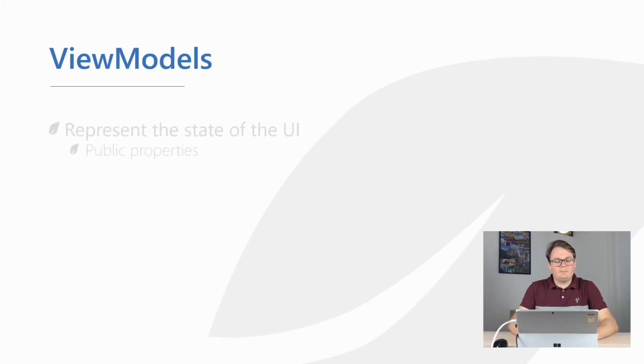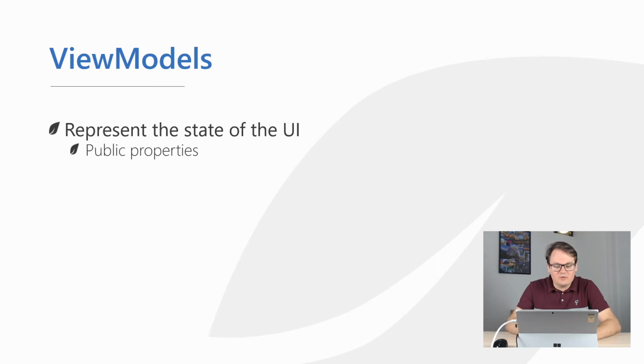The view model in DotVVM has several responsibilities. The most important is to represent the state of the user interface. You have seen this in the previous session where I had the calculator, and we needed to represent those numbers that were entered by the user in the view model.